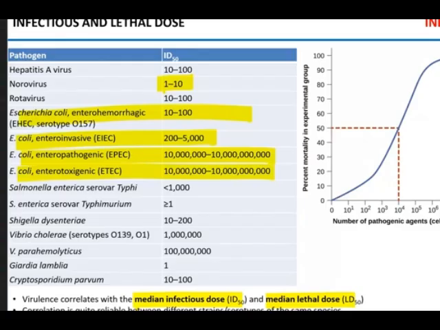So the bottom one is enterotoxigenic, which causes diarrhea, period. Then you have enteropathogenic, also causes diarrhea. And then you have enteroinvasive. That's a pretty severe infection of the colon that can result in colon perforation.